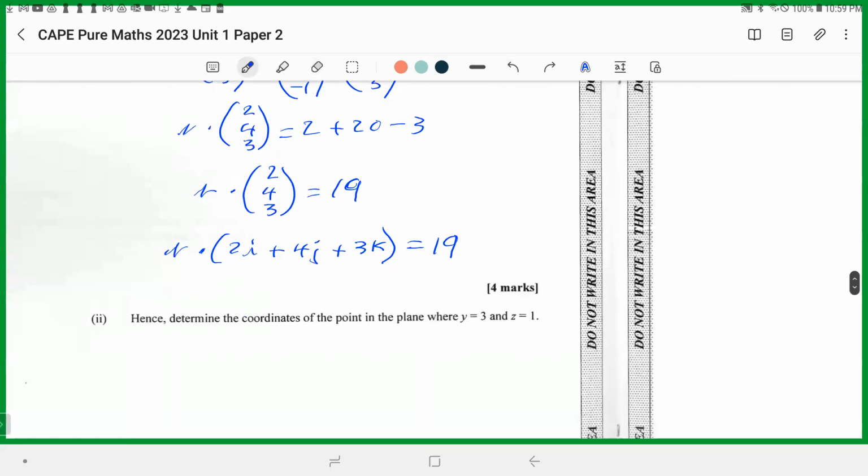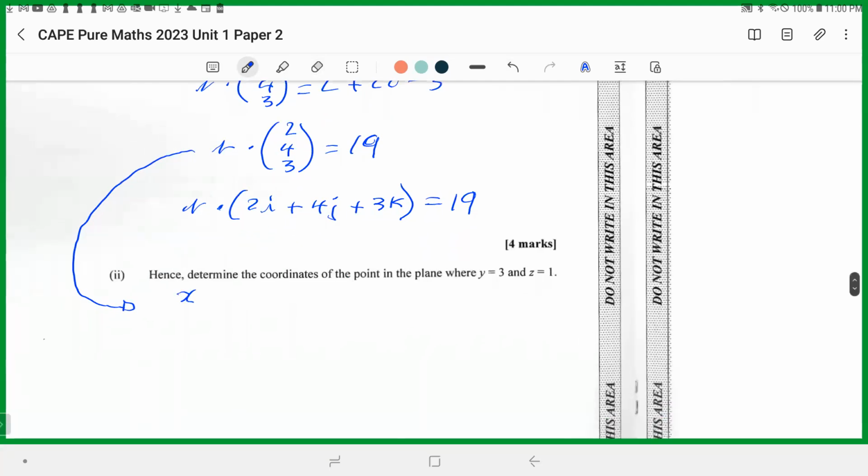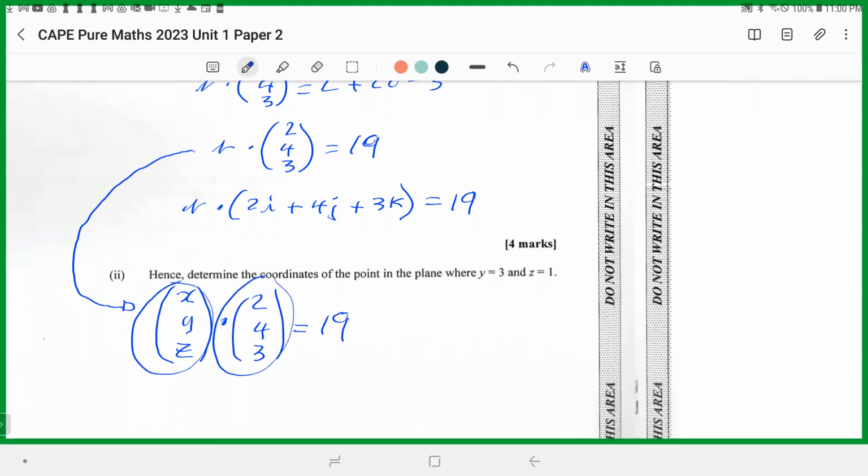So this equation written in terms of coordinates can be written as x, y, z, because the R represents all points on the plane, dot 2, 4, 3, will always be equal to 19. So the scalar product between any point on the plane and the normal will always be equal to 19. That's what it's all about.